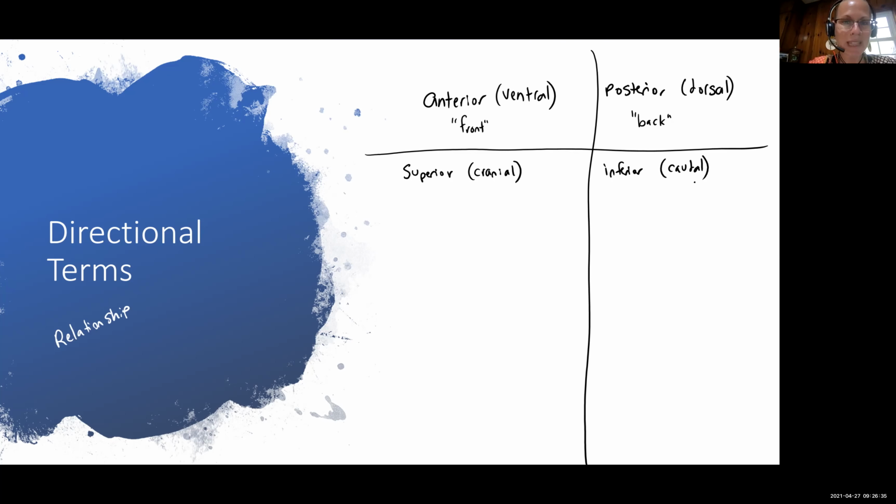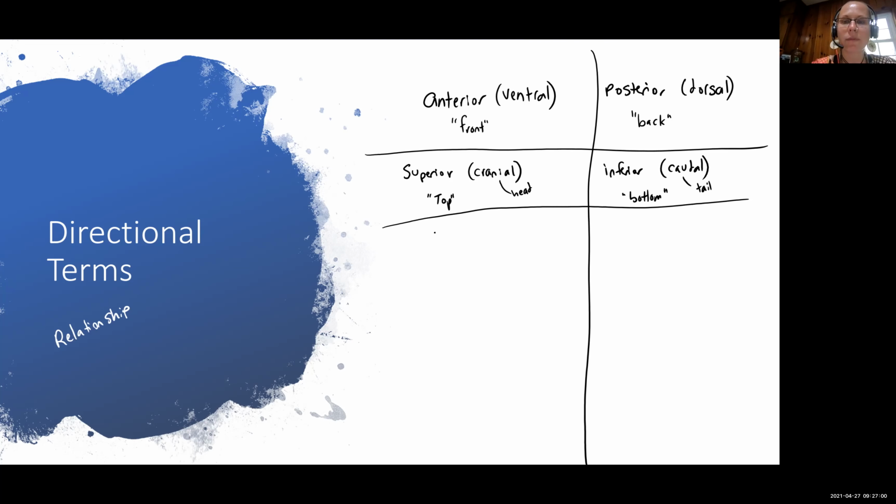In the case of the human, that would be the coccyx. Here then, superior is really talking about the top, and inferior is really talking about the bottom. Cranial and caudal, remember, are specific terms, so you might want to remind yourself that cranial means head and caudal means tail.